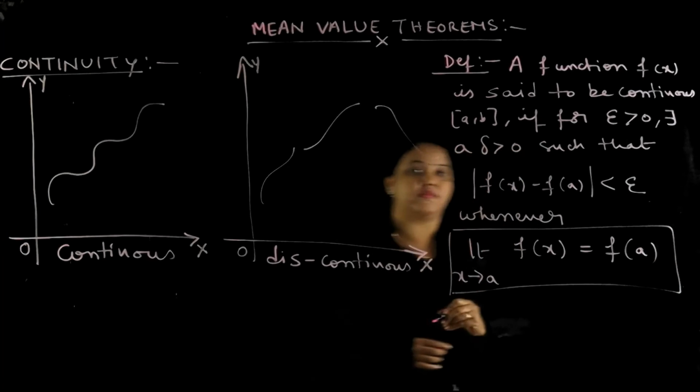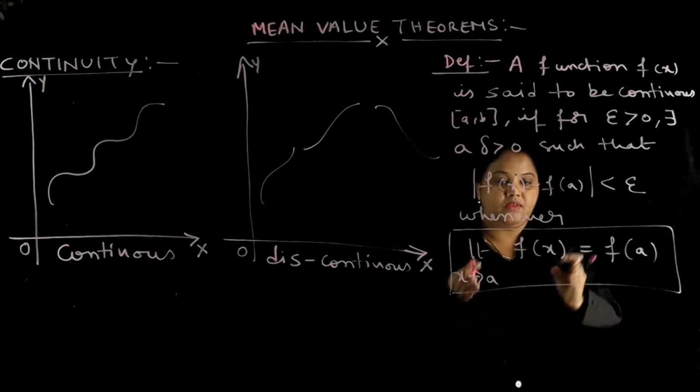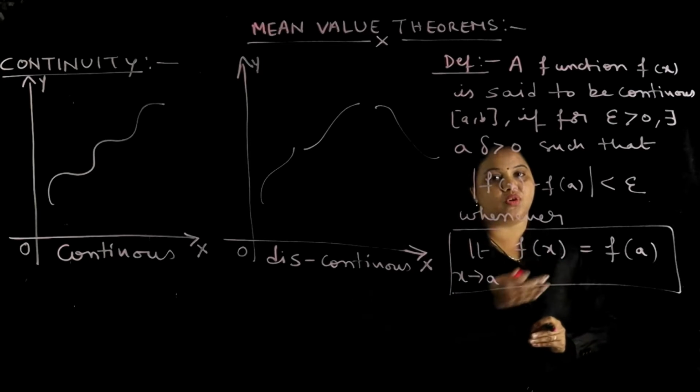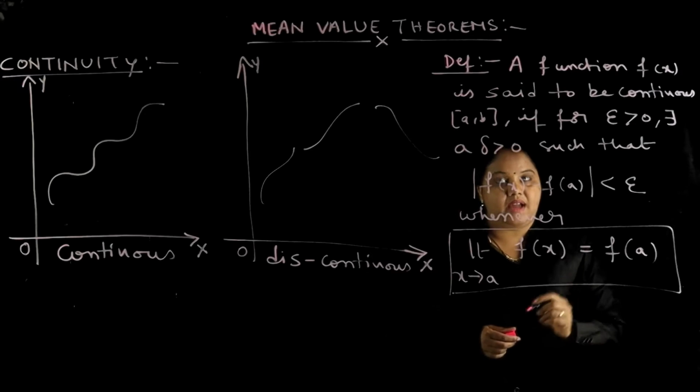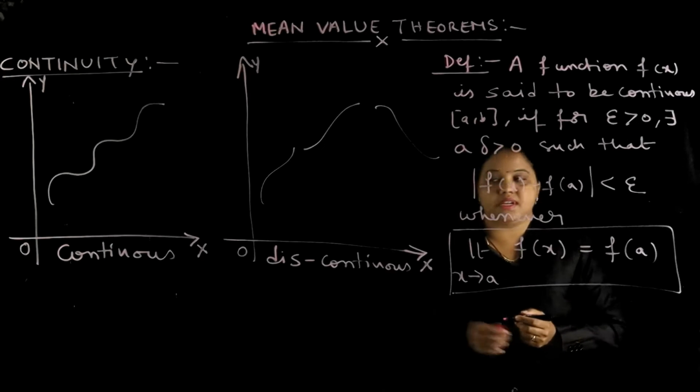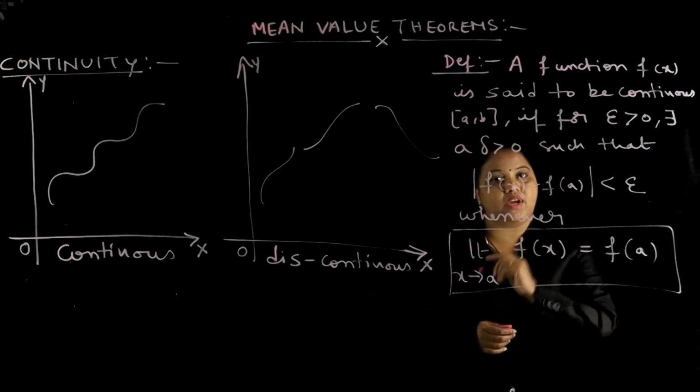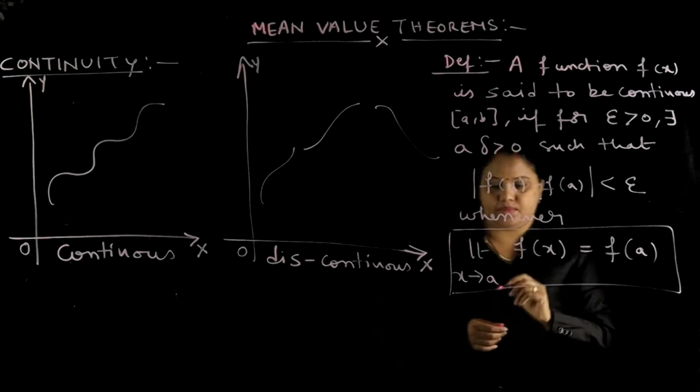And in this continuity definition, we need to remember that it should be both left continuous as well as right continuous. And while using this definition in the mean value theorems, we are going to make use of one important property.